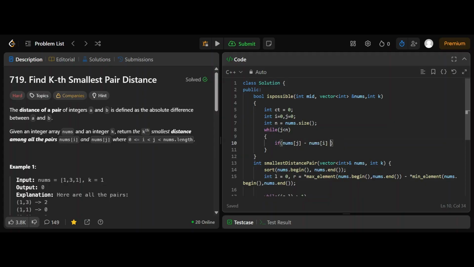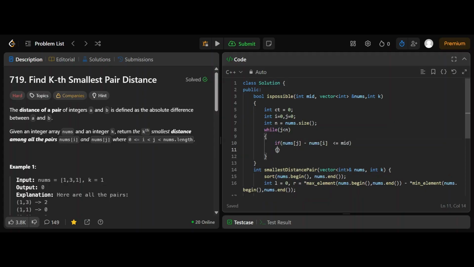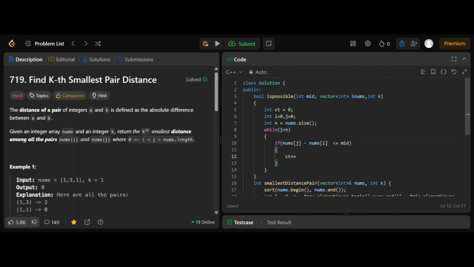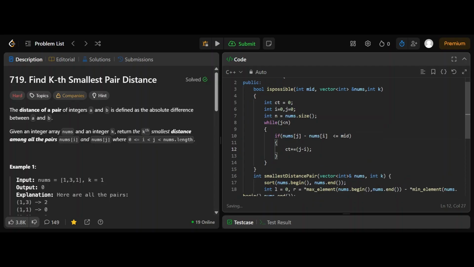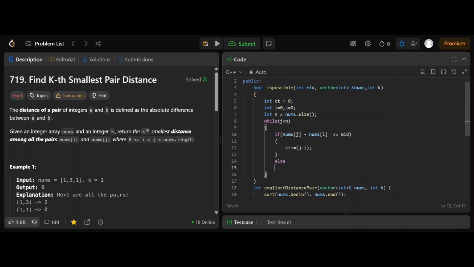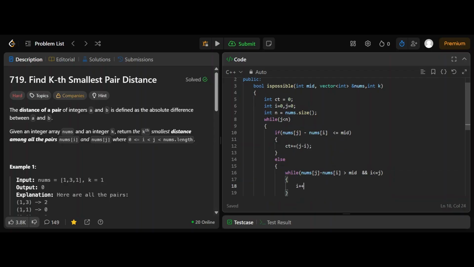If nums j minus nums i is less than or equal to mid, then the total number of pairs added will be j minus i. Otherwise, while nums j minus nums i is greater than mid and i is less than or equal to j, we just do i plus plus.